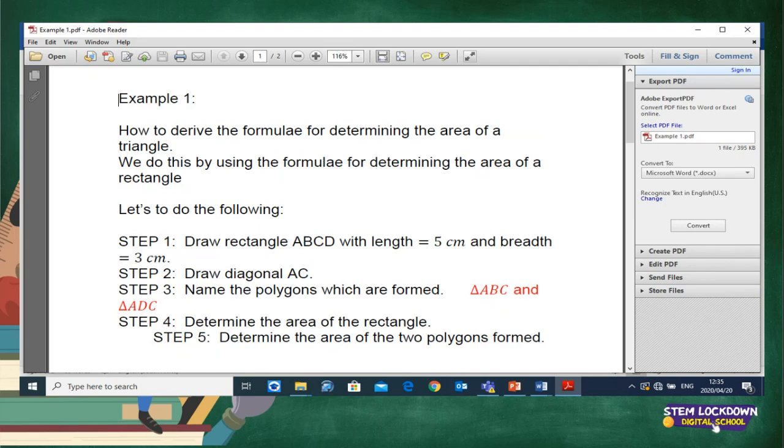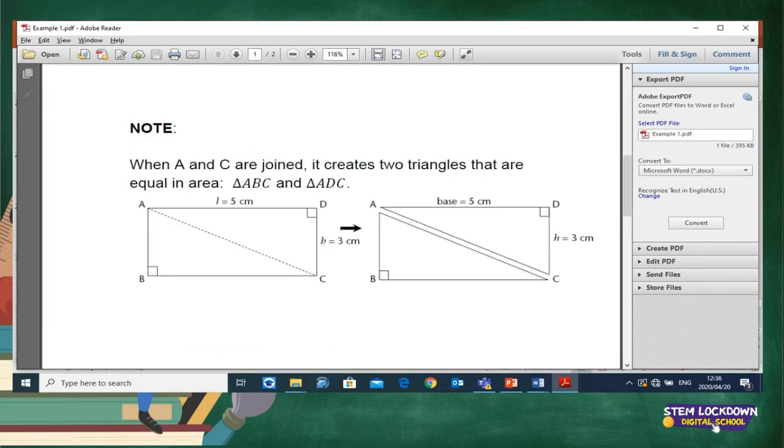So let's look at the diagram that we have drawn from step 1 up to step 5. You should be able to come up with this particular diagram. As you can see, there are two diagrams there. The first one is not yet cut into two.